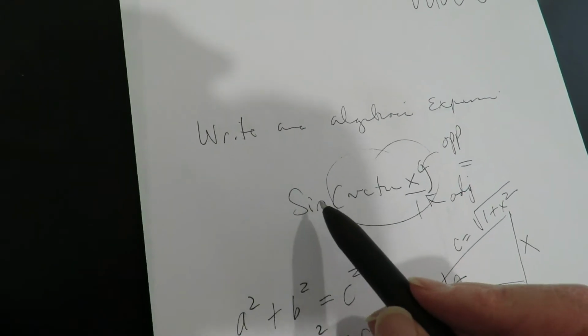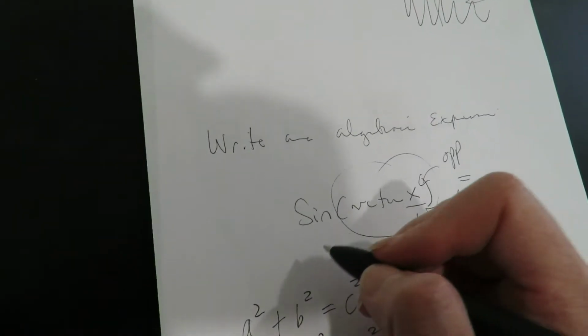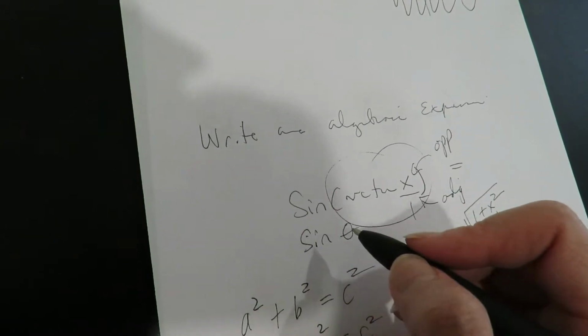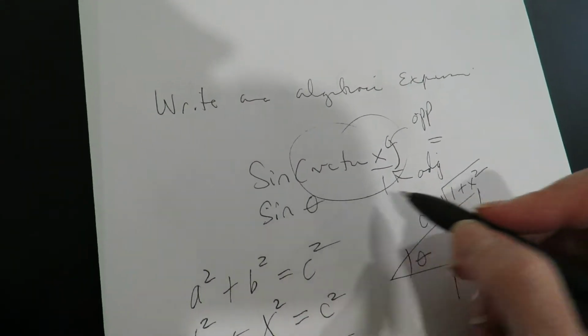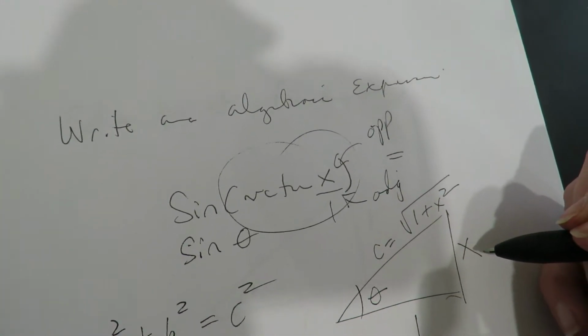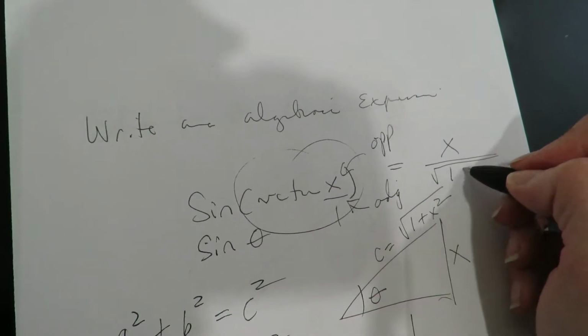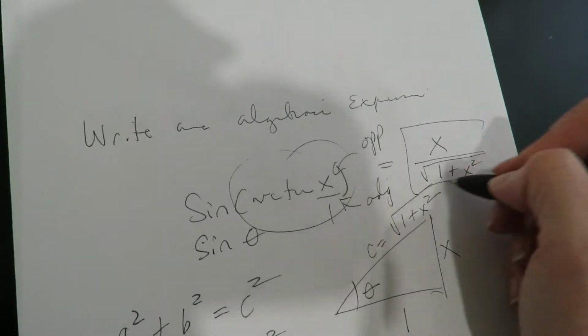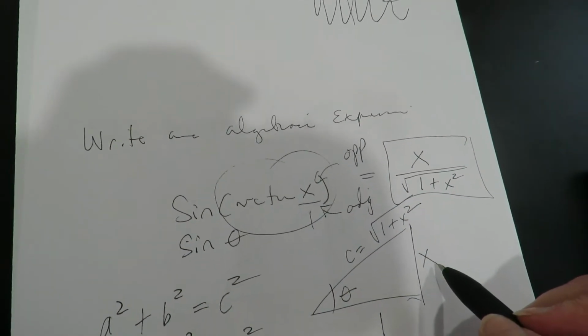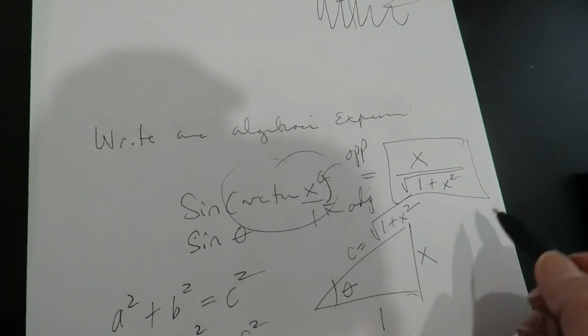All right, so this part sets up the triangle, and now I'm going to do the sine of this arc. And remember, arcs are angles, so you're basically doing sine of theta. So sine of this arc is going to be the opposite over the hypotenuse. You're going to get this.